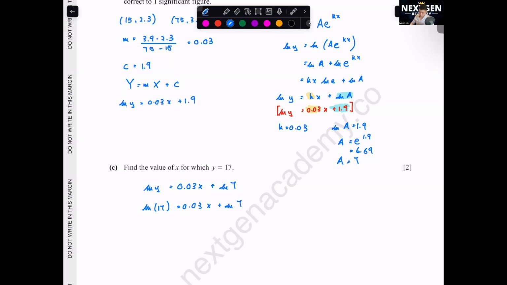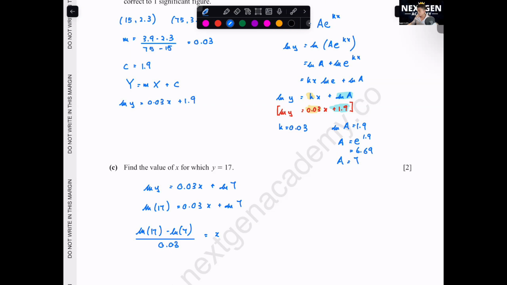To get x, you rearrange the entire thing: (ln 17 minus ln 7) divided by 0.03 equals x.